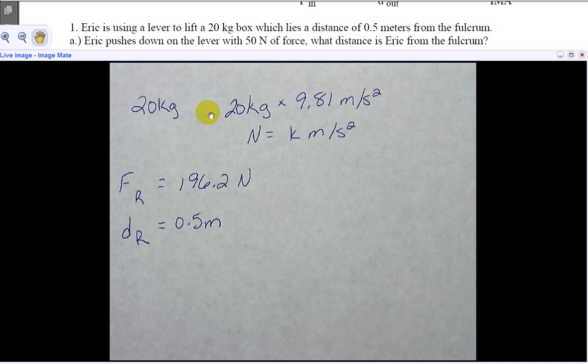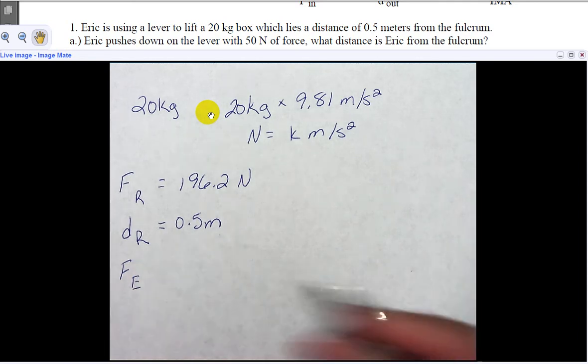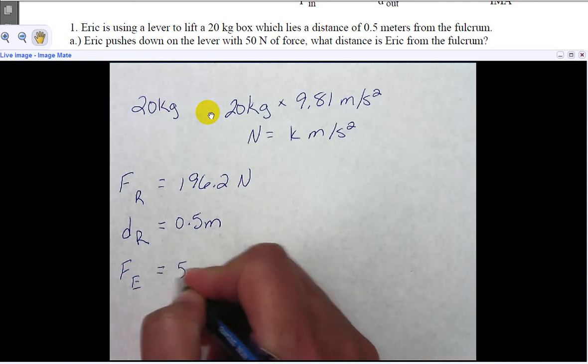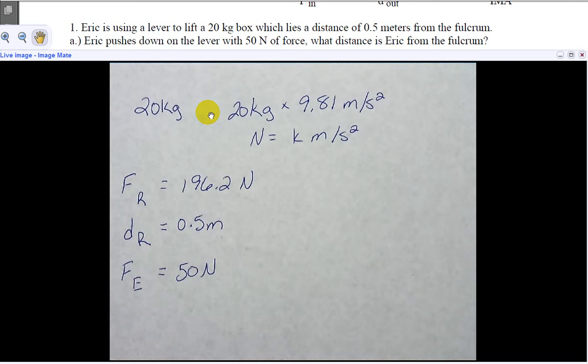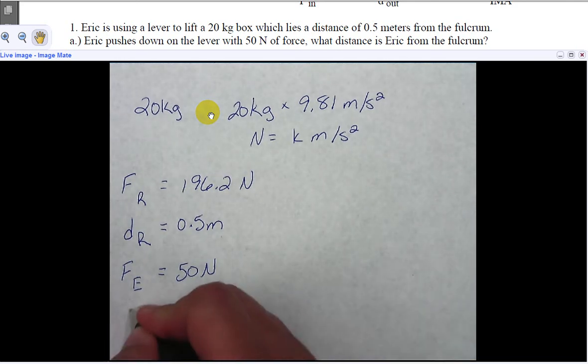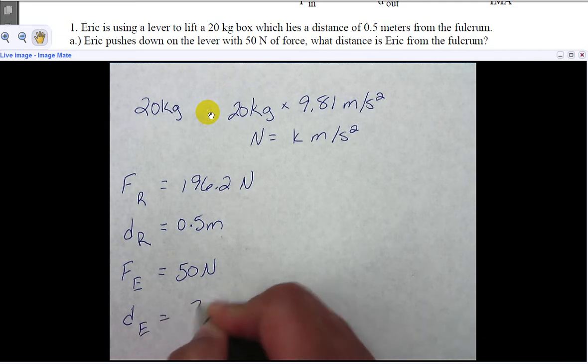Eric pushes down on the lever with 50 newtons of force, so the force of the effort, or again in, equals 50 newtons, and that one's in the correct unit for me. What distance is Eric from the fulcrum? So my distance effort equals a question mark.